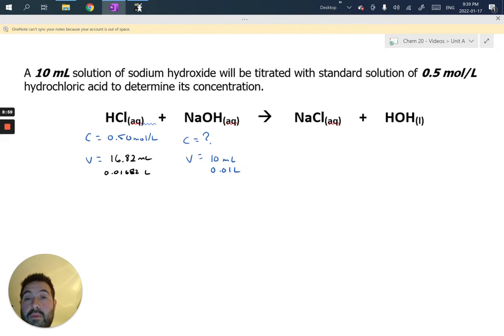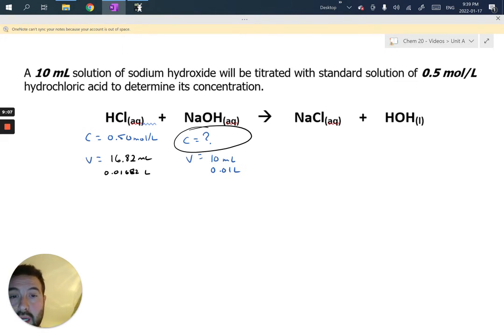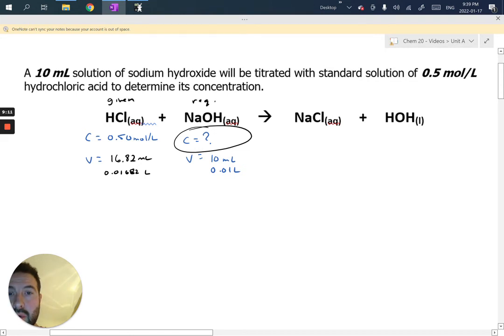Now I have enough information to solve for my missing concentration. I'm just going to solve this like any other solution stoichiometry. So here's my given, here's my required. My given, I'm going to start with this volume that I just came up with, 0.01682 liters of my HCl.